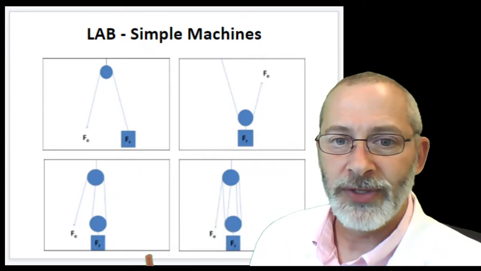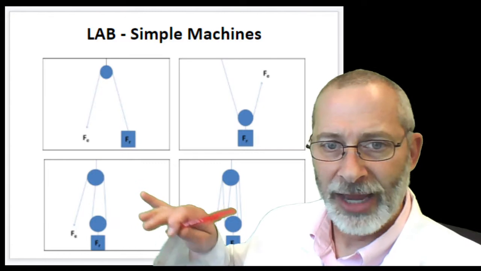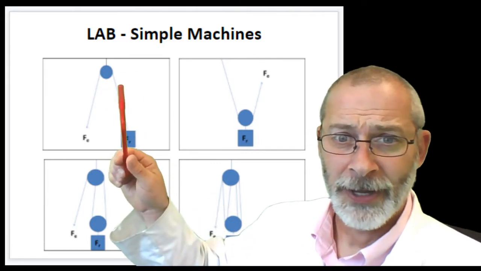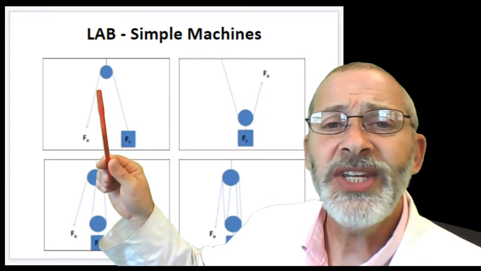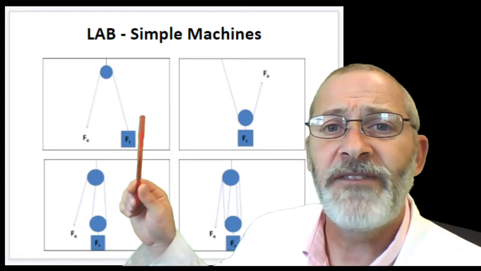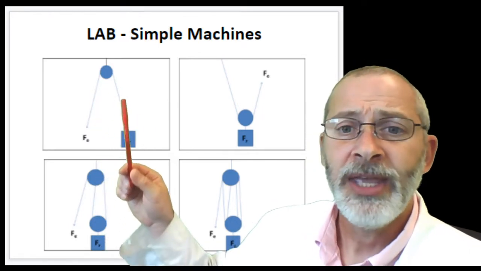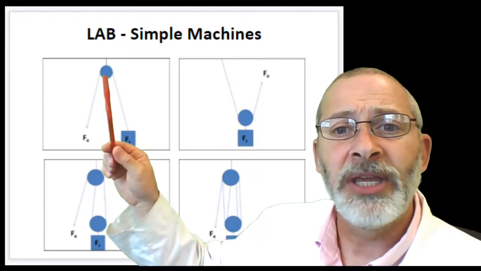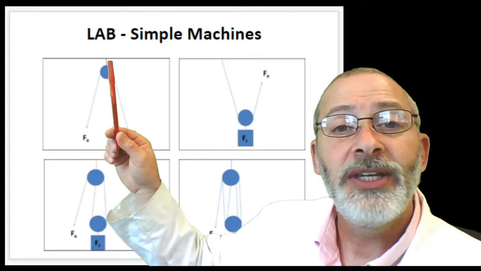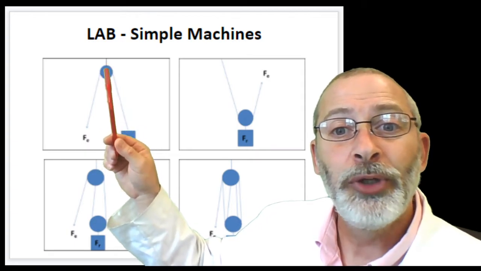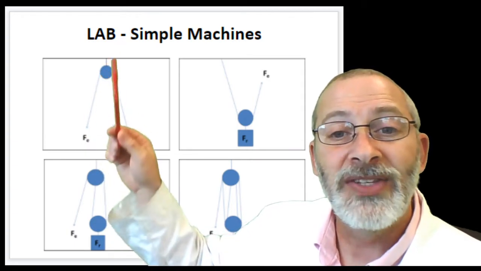So here's the difference. Don't look at the bottom two diagrams, but look at the top two diagrams. Top diagram on the left, this is an example of what is called a fixed pulley system. A fixed pulley system means that the pulley itself is fixed in position. The pulley does not move up or down itself.